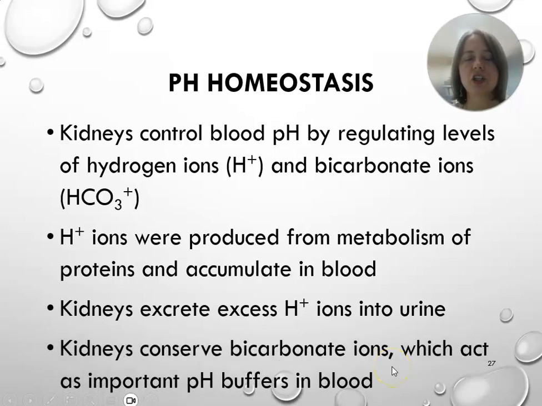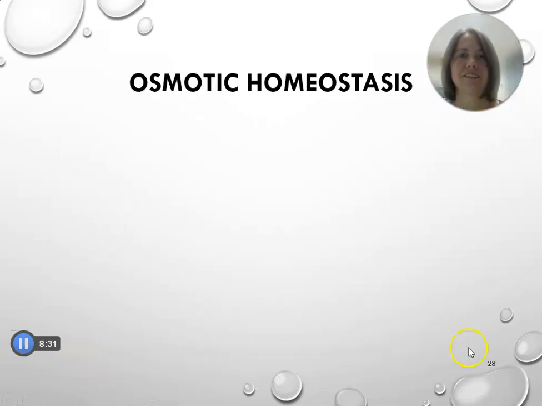Your body conserves bicarbonate ions because those act as important pH buffers in your blood. So we take the bicarbonate ions back, and we don't let them be just peed out of the body because we want them.